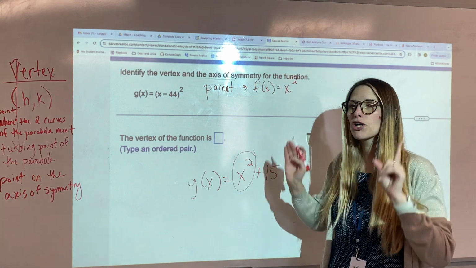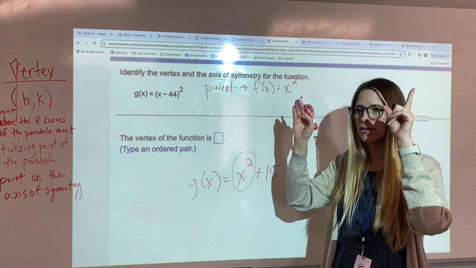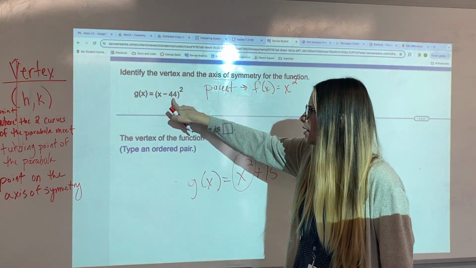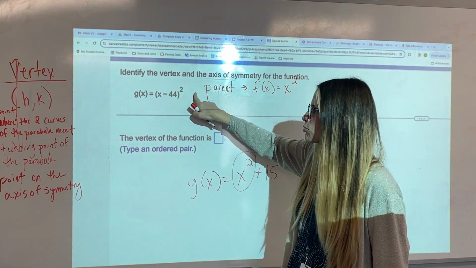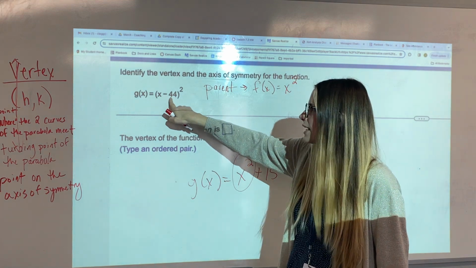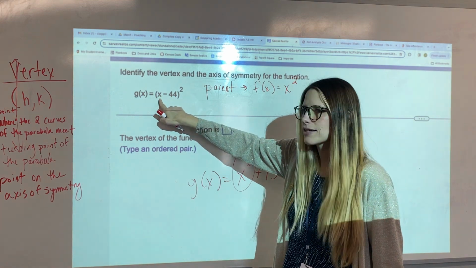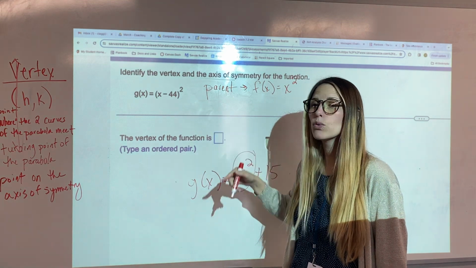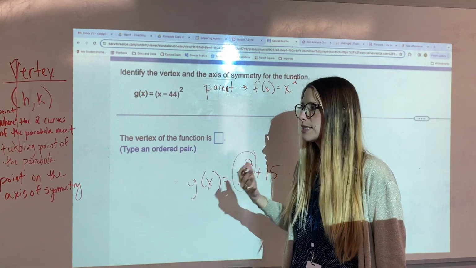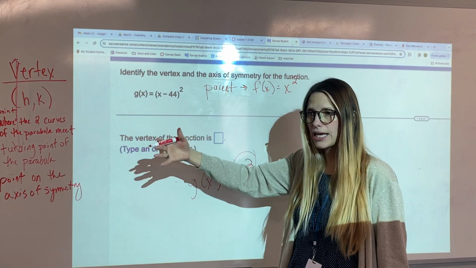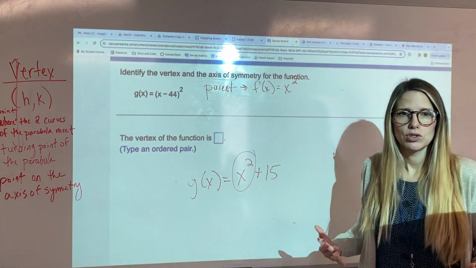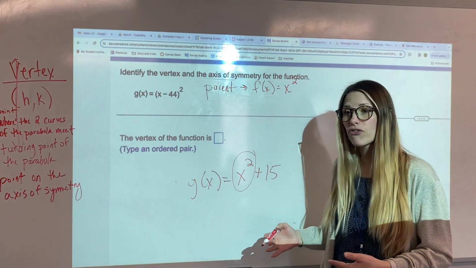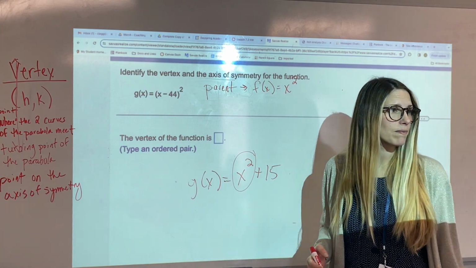We call it a vertical translation. But now we have a little baby that's not being added or subtracted to x squared. It's being added or subtracted to x and then being squared. How does that little baby look different on the coordinate plane? How is its position different from the parent function?